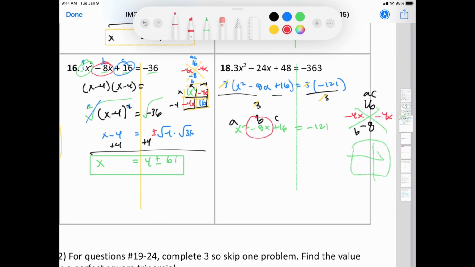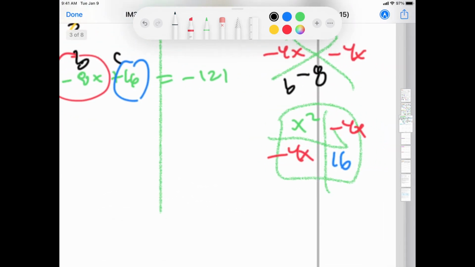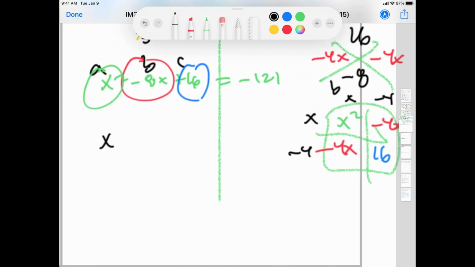Splitting this term. So now I have x, negative 4, negative x, and negative 4. So you have two of these expressions.